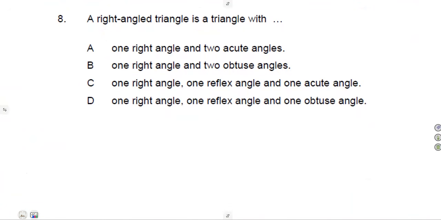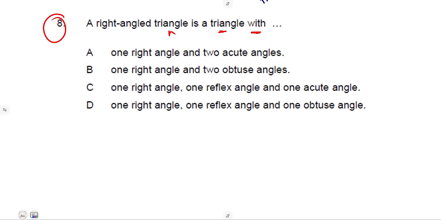All right. On number 8, a right-angled triangle is a triangle with what? They gave us answers there. A right-angled triangle is a triangle where we have a 90-degree angle. What are the properties?